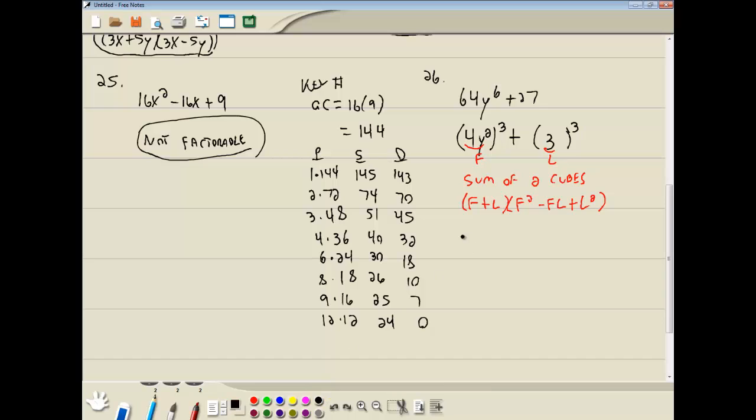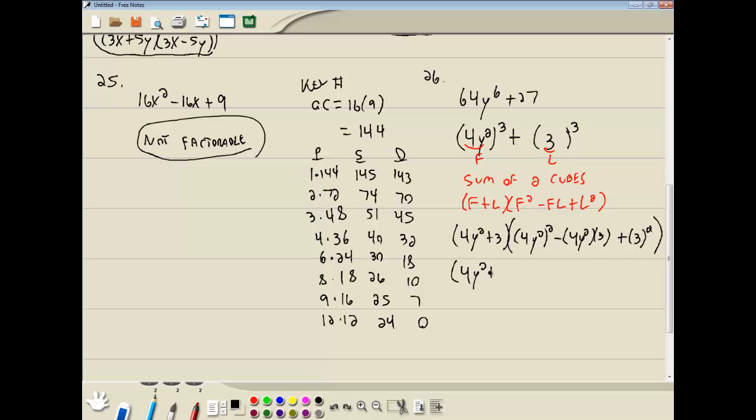Now we're going to go through, and everywhere I have an F, I'll plug in 4y squared, and everywhere I have an L, I'll plug in 3. So I got 4y squared plus 3, and here I'm going to have 4y squared to the second power minus 4y squared times 3 plus 3 squared.